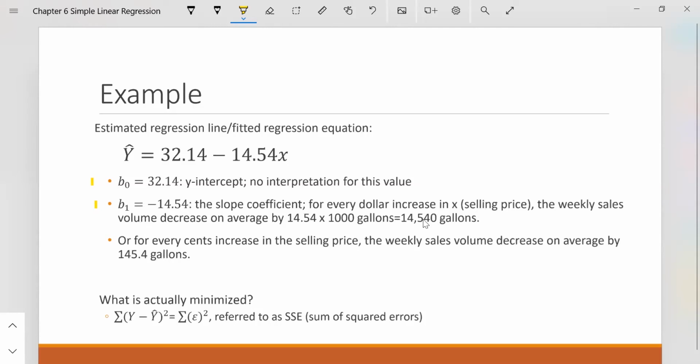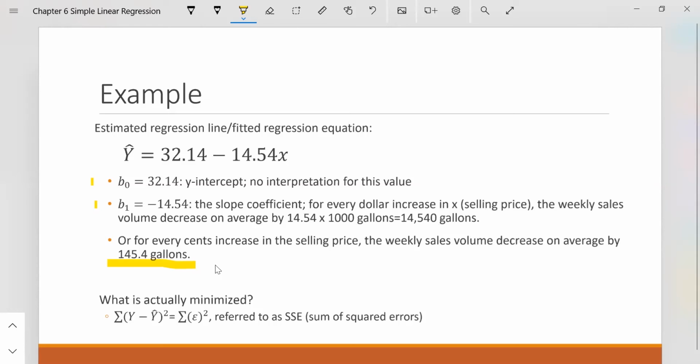That's one way to interpret the slope coefficient. Usually, we wouldn't change the selling price of milk by $1, right? So it probably will make more sense to say for every cent increase in the selling price, the weekly sales will decrease on average by 145 gallons. That will probably give people a better idea.